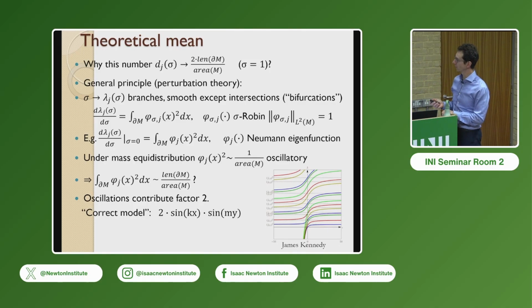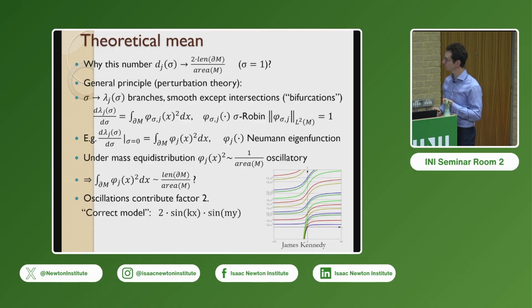If we integrate this 1 over area of M on the boundary, we get the length of the boundary divided by the area. But that does not account for the factor of 2, because we claim that the theoretical mean on the top line here is twice the length divided by the area, not once.